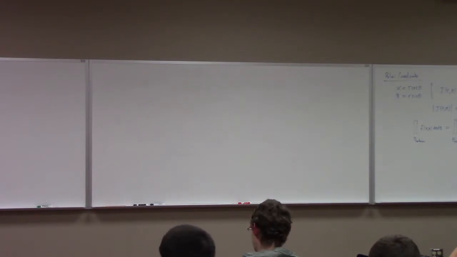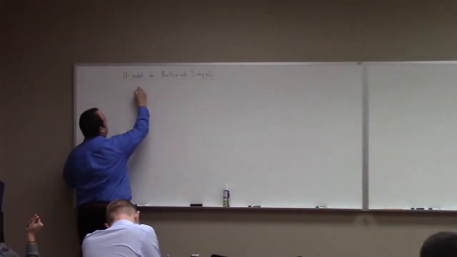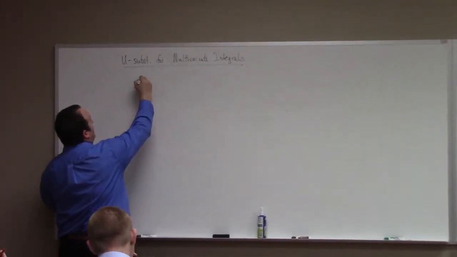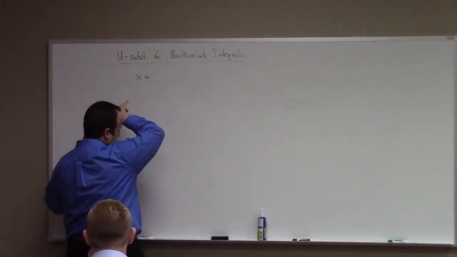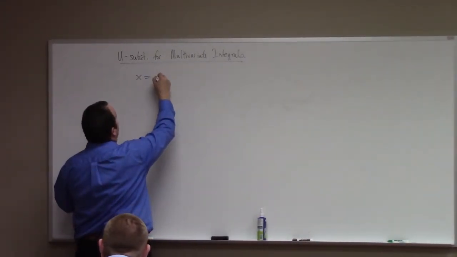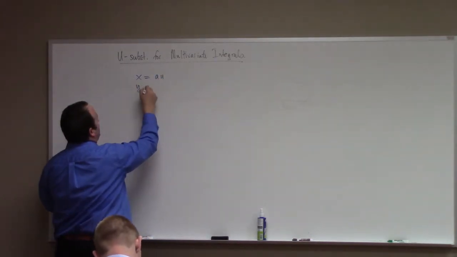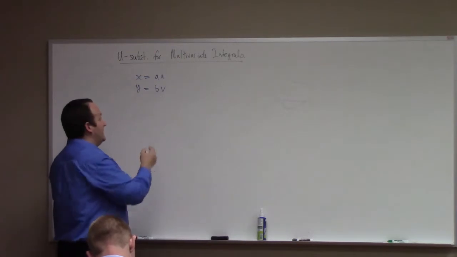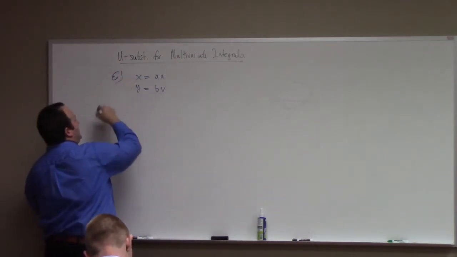So let's calculate some Jacobians. What's the Jacobian? Suppose you had x equal to au, y equal to bv. What's the Jacobian determinant for this?